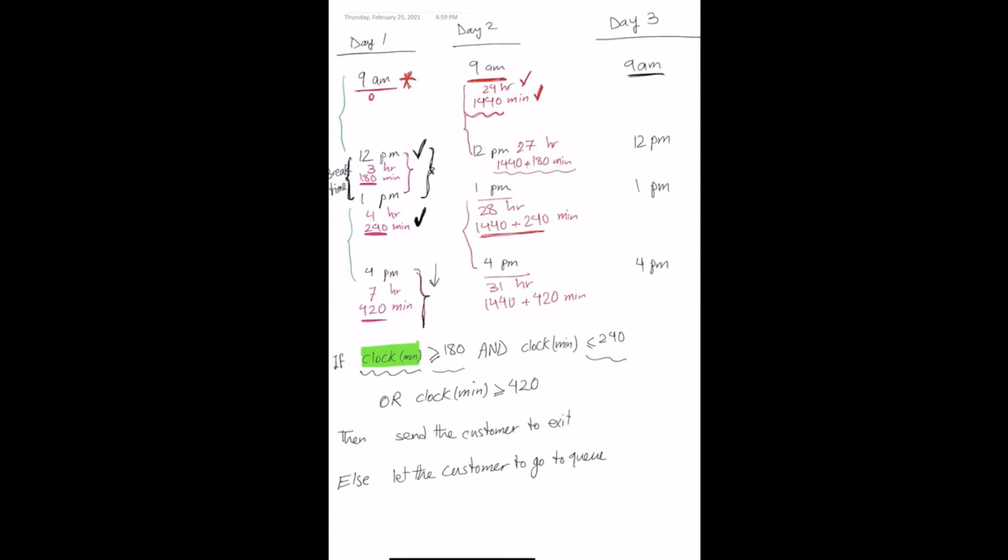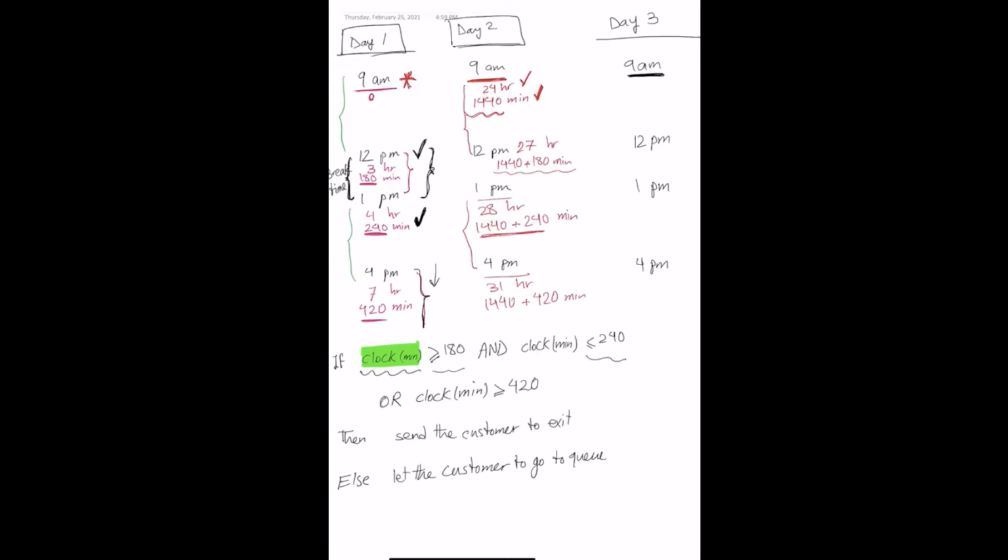Okay, so in the simulation time, if I have continuously run the simulation, when I get to 9 a.m. on the third day, simulation time has passed equivalent to 24 hours for day 1 and another 24 hours for day 2.